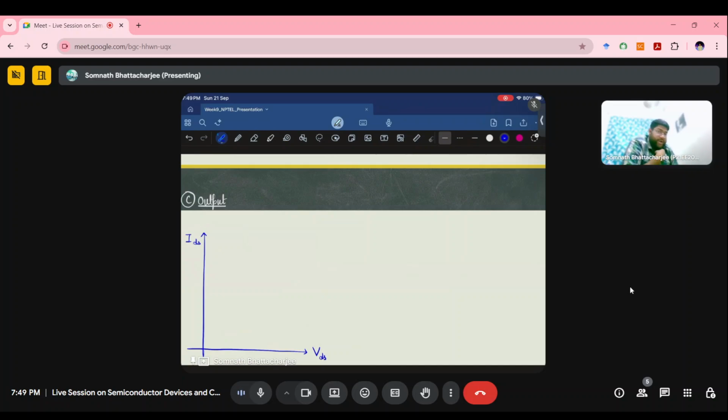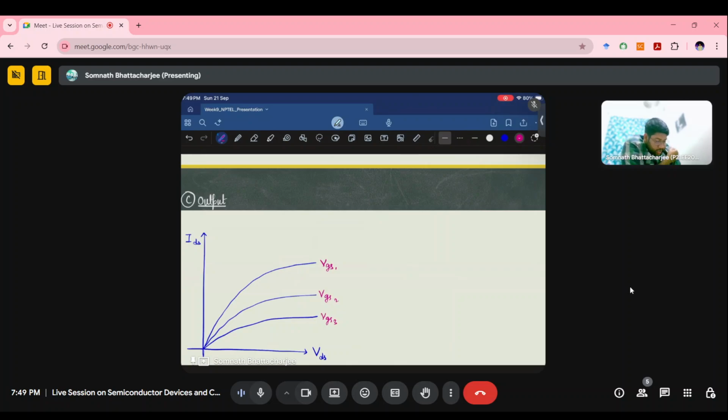So the output current, that is the IDS current, is varied with different values of VDS. What will happen if we are just sweeping the value of VGS? It will look something like this. Now, let's say this is for VGS1, this is for VGS2, and this is for VGS3.